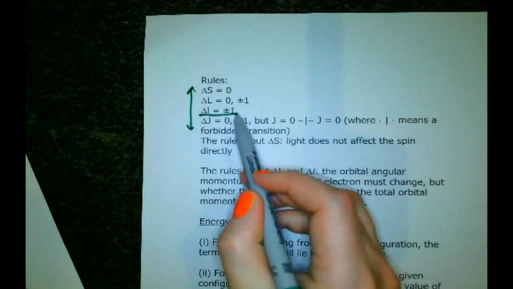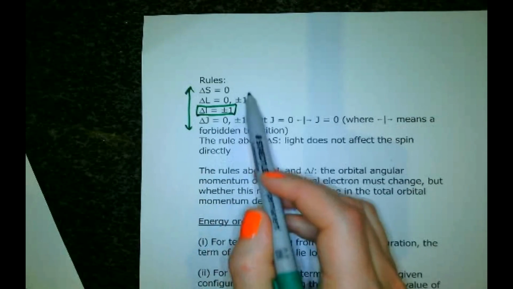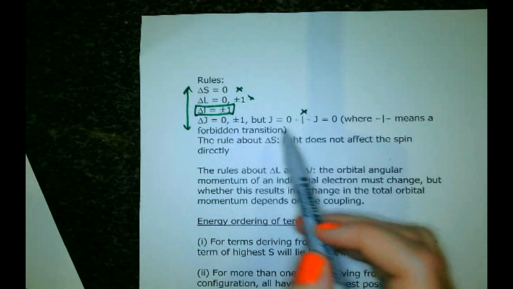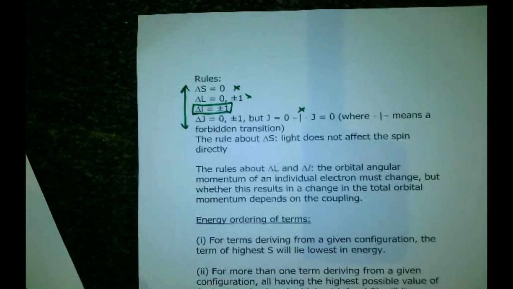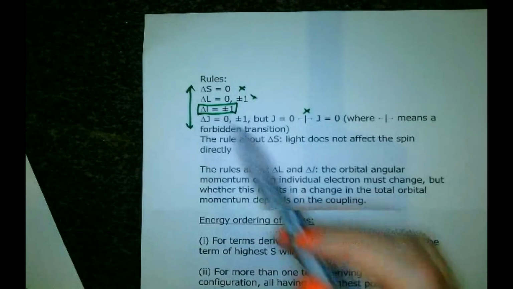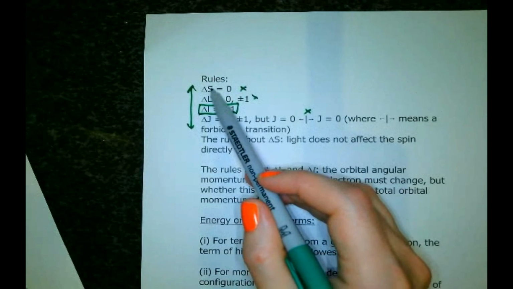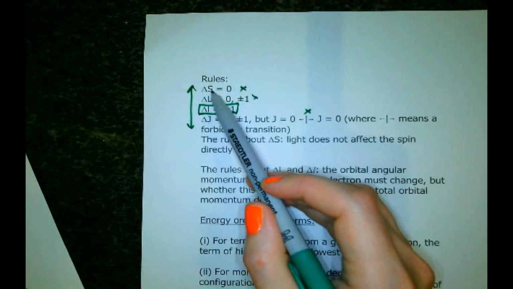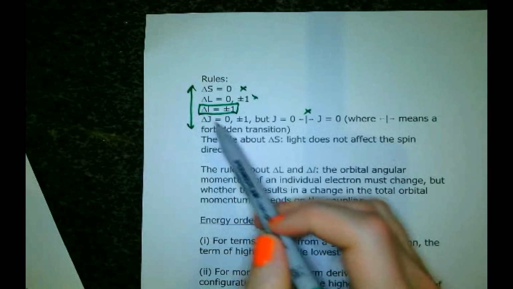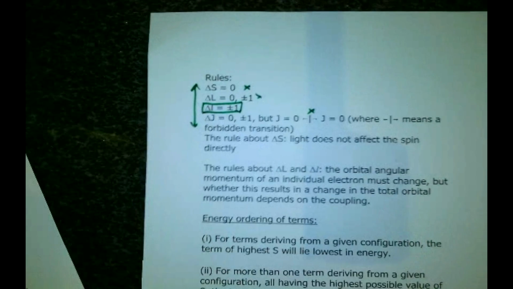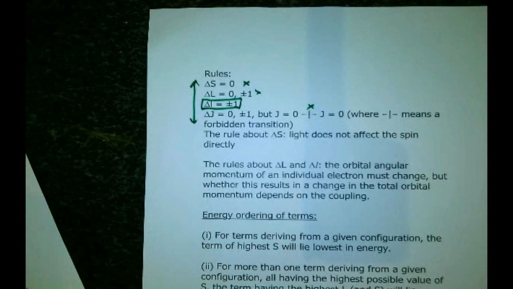This is normally the one that we use, so don't worry about the others too much. It gets very complex if you have to look at the total spin angular momentum and total orbital angular momentum, so this is the one that we are going to use.